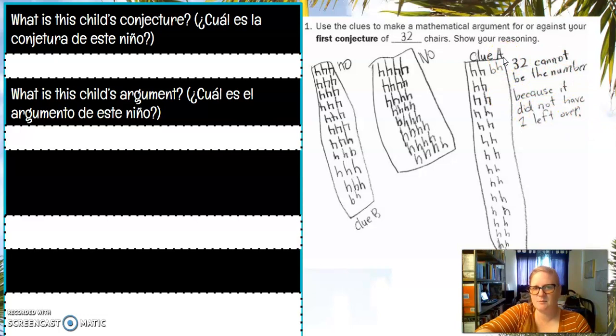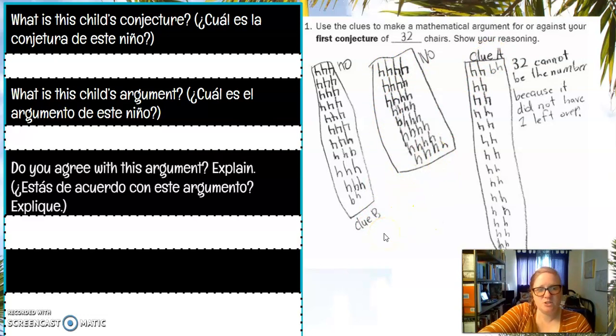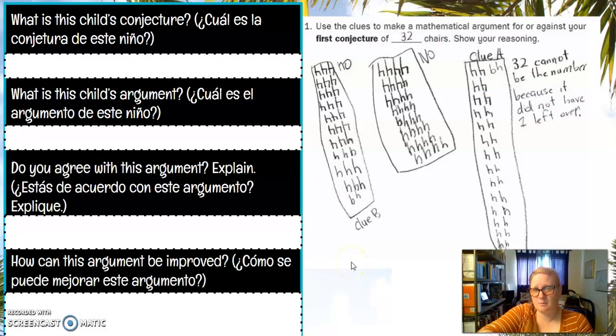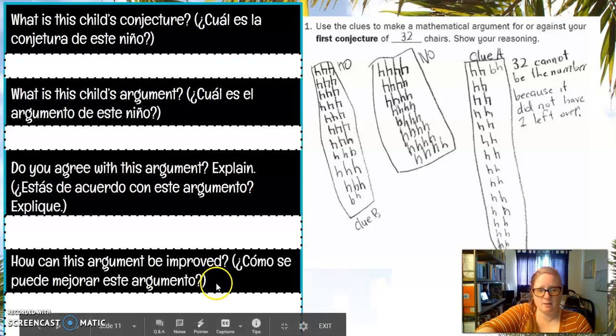And looks like they labeled clue A, clue B, and since these are rows of 4s, we know that this is probably clue C. Do you agree with this argument? Well, it looks like they proved it with 3 different clues, so that's good. How can this argument be improved? You tell me. You tell me what you think should be included in this argument.